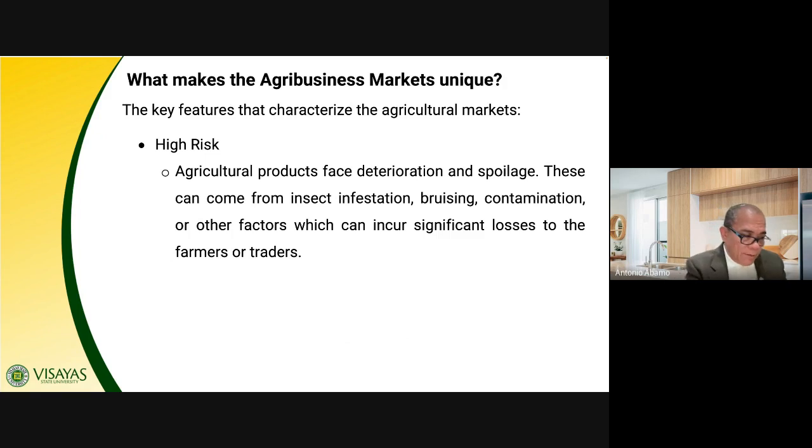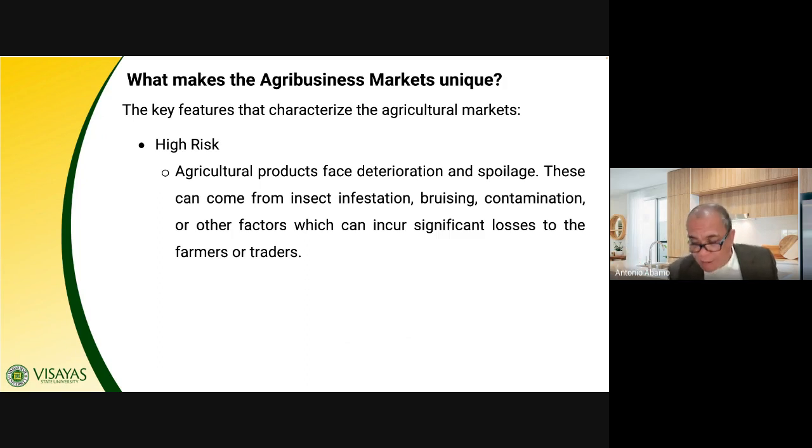From the upstream end, maybe from the farmer's end, you might not have observed damage or infestation of pests, but as it moves along the chain, because of the biological nature of the life of the pest, it will develop in terms of its biological cycle.